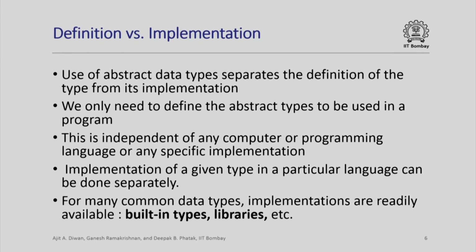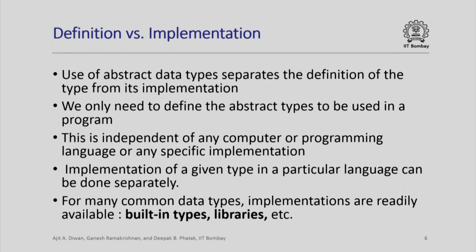The actual implementation of these types and their use can be done separately, and for many common data types we already have either built-in types or libraries available which give you implementations of those types.